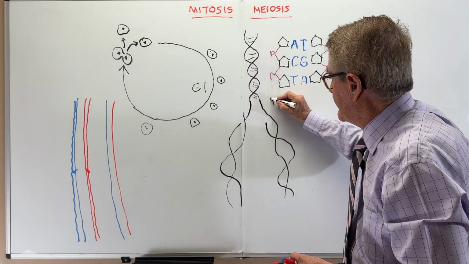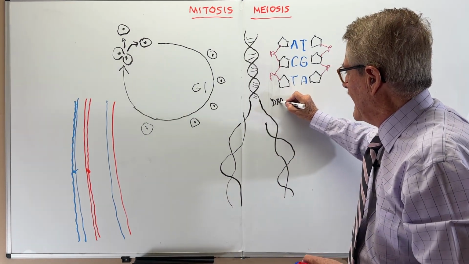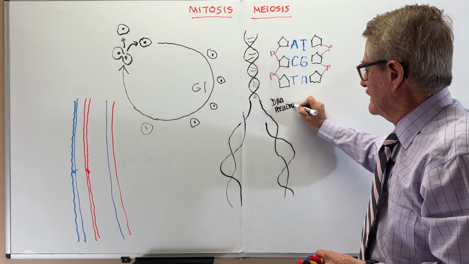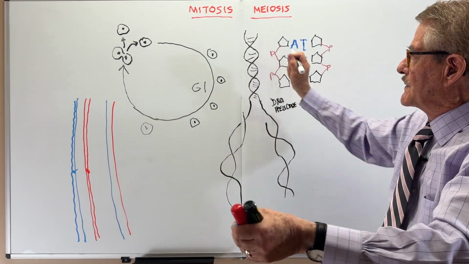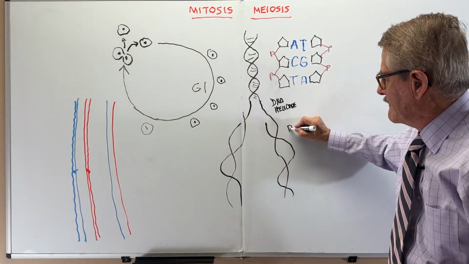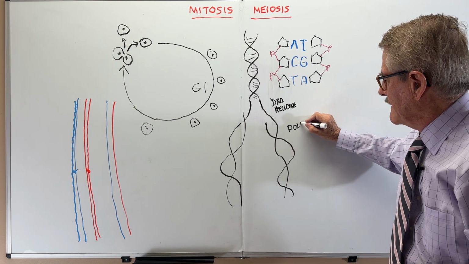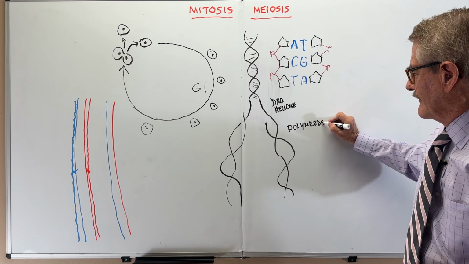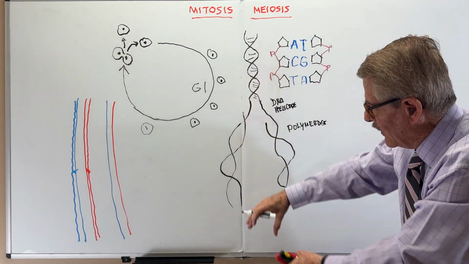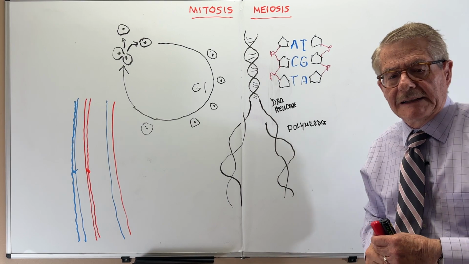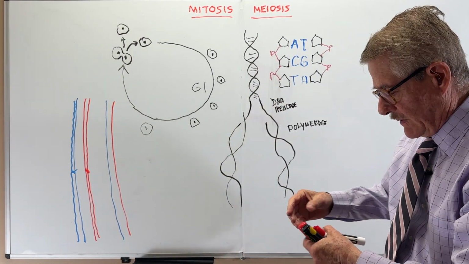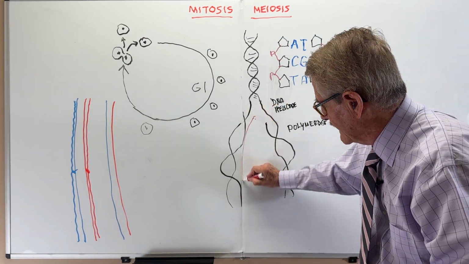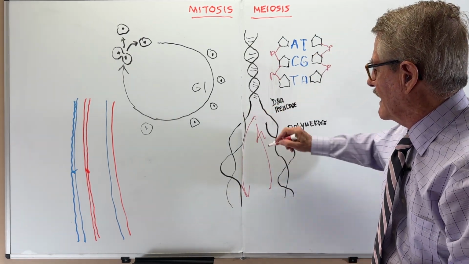There is an enzyme, DNA helicase, that separates those strands, and there is a DNA polymerase that will populate those new nitrogenous bases, going in one direction and in the opposite direction.